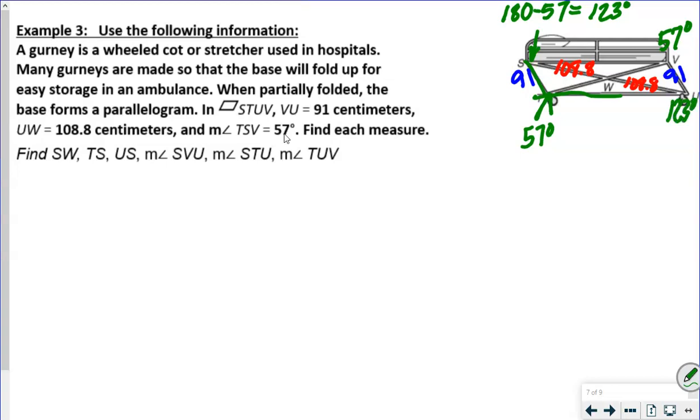So now it says find SW. SW, we've already got that. That was the 108.8 that we already wrote. That's SW, right? TS, where is TS? Oh, we got that one already too, 91. TS is right there, okay? Then US is the whole thing, okay?